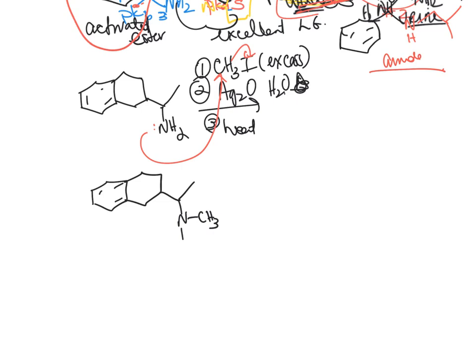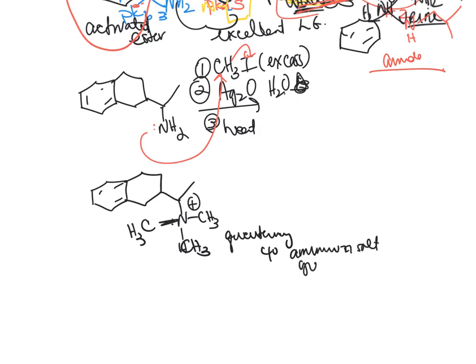So you get CH3, hydrogen, and then you keep doing that and keep doing that, and you can just go ahead and draw in your quaternary ammonium salt. And you know this is a great leaving group. And it's a bulky leaving group. So that's why you're going to get a Hofmann.